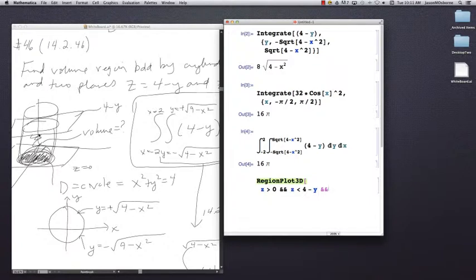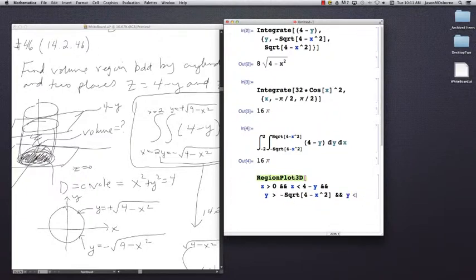Now we've described the z region, so if we describe the xy region, that would be y bigger than negative square root 4 minus x squared, and it is less than the square root of 4 minus x squared.